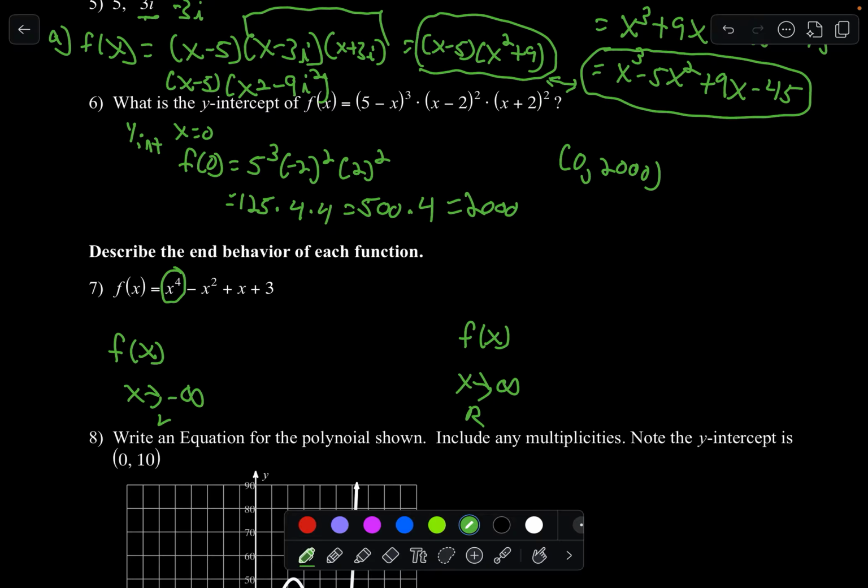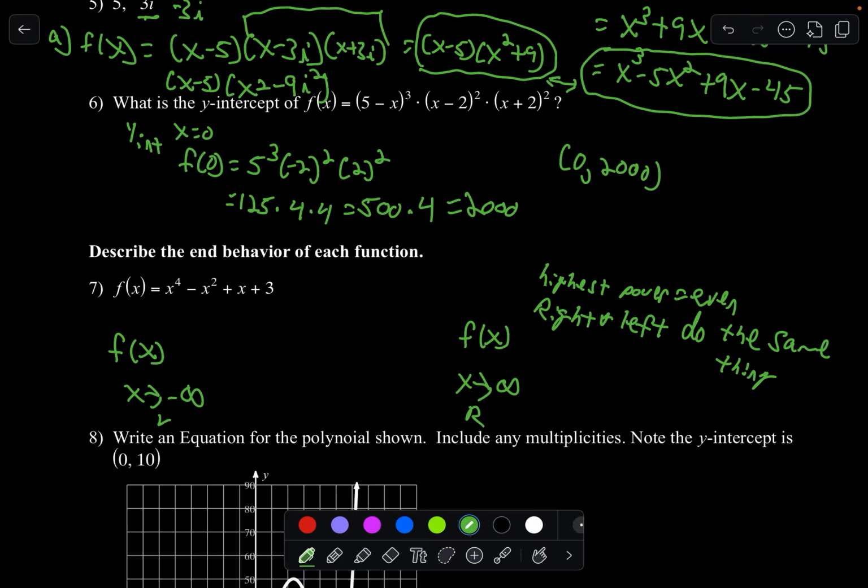It's an even power, so that means whatever it does to the right, remember, highest power equals even, right and left do the same thing. Okay, and also since the leading coefficient is a positive 1, the leading coefficient tells you what it does to the right.